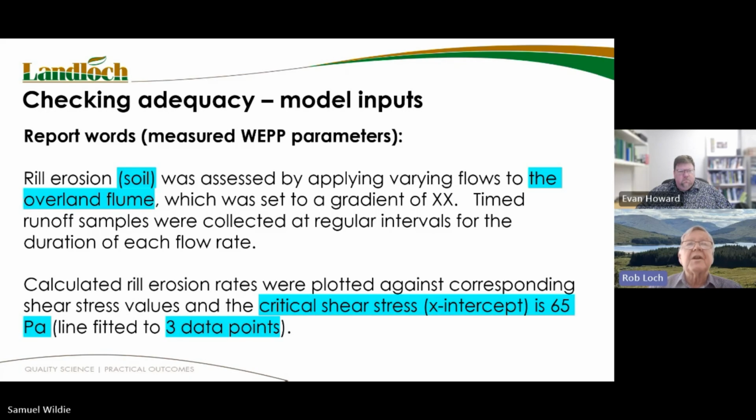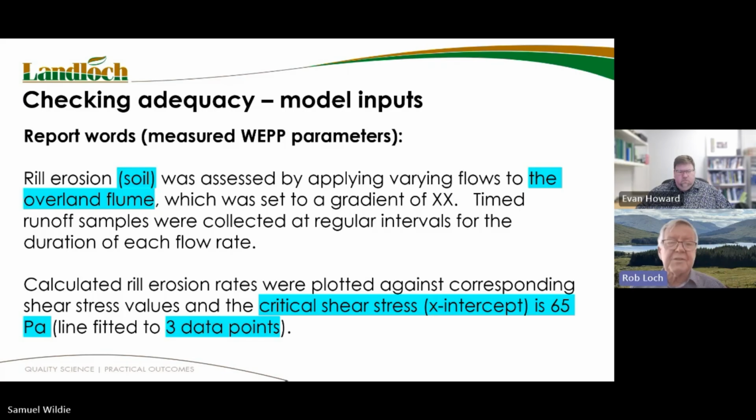So again, we ask, well, how do you feel about this one? And the first thing, again, we look at is to say, well, the highlighted words that jumped out at me, again, no replication. So not good practice, not acceptable, fatal fail.